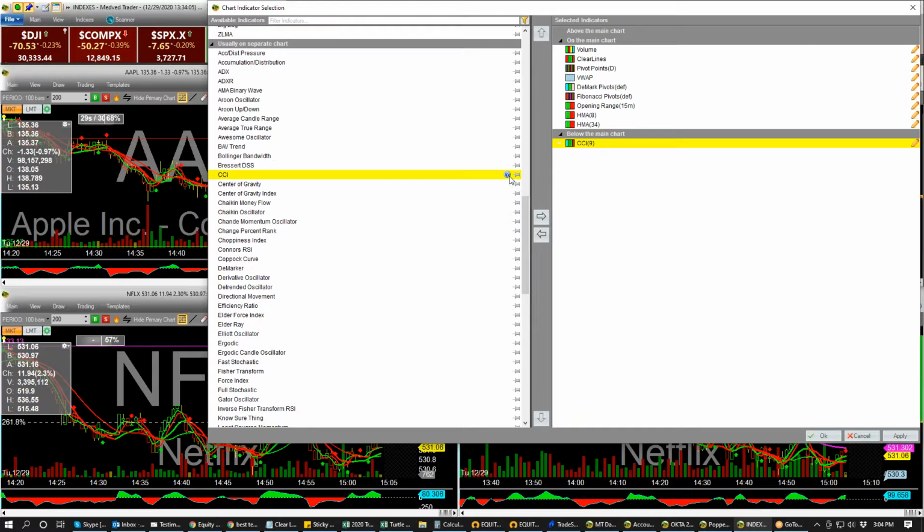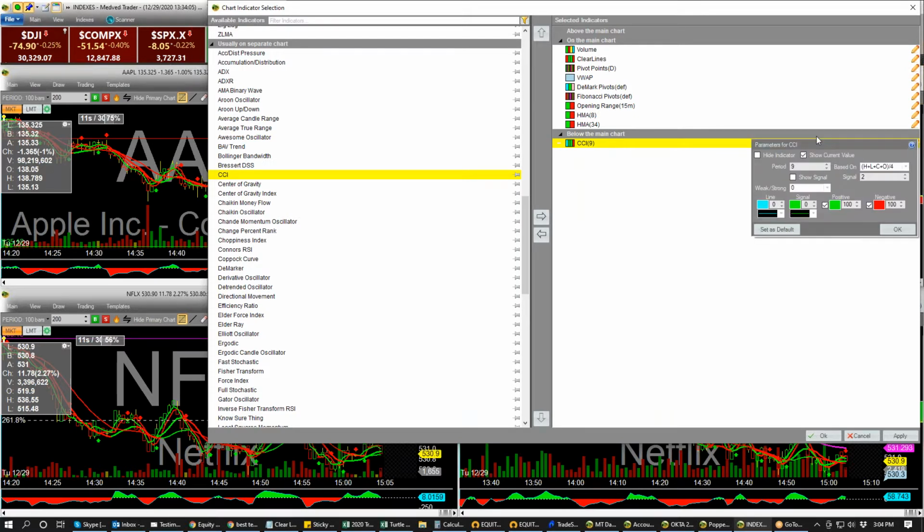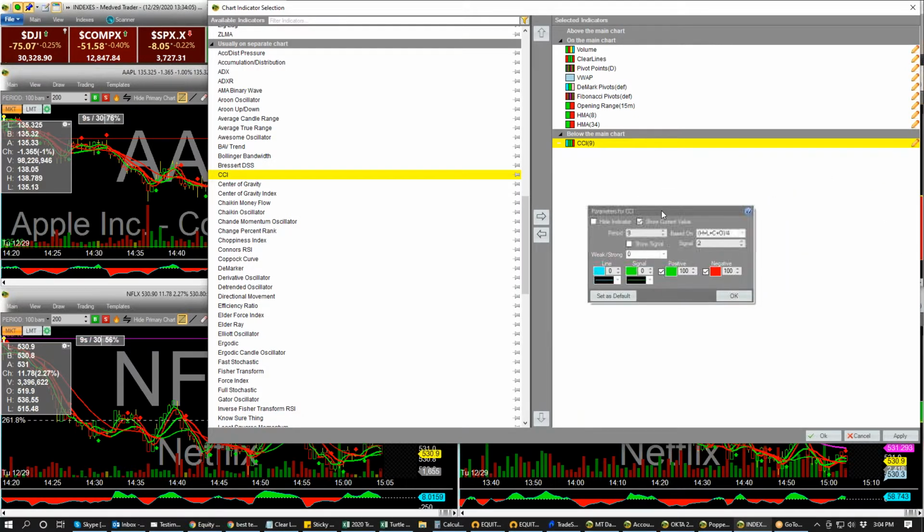If you want information on it, there it is. Commodity Channel Index, a cyclical oscillator developed by Donald Lambert in 1980. So you'll want to double click on the CCI to modify from the preset settings.